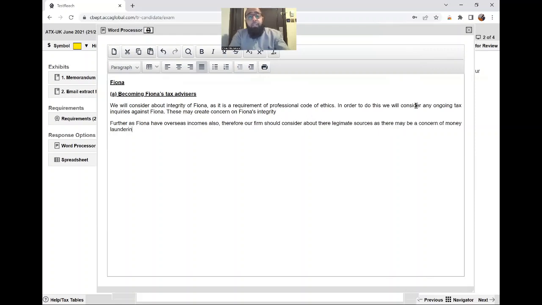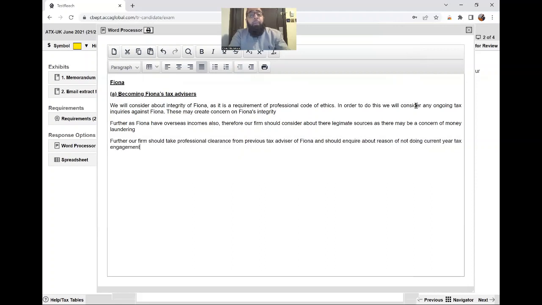Whenever someone is earning overseas, there can be a concern of money laundering. Further, our firm should take professional clearance from the previous tax advisor of FIUNA and should inquire about the reason of not doing the current year tax engagement.